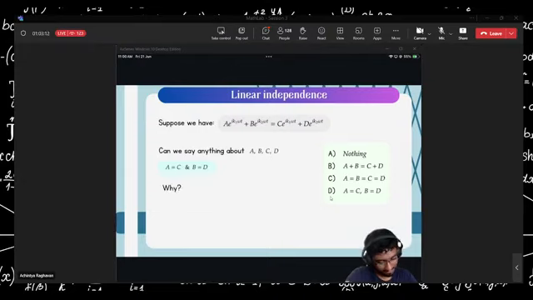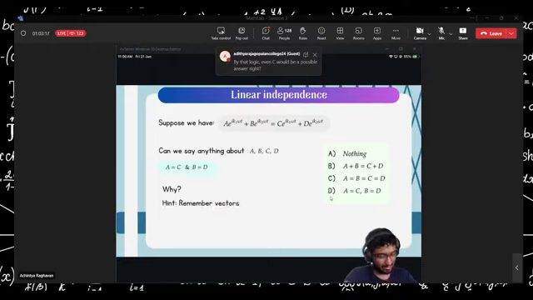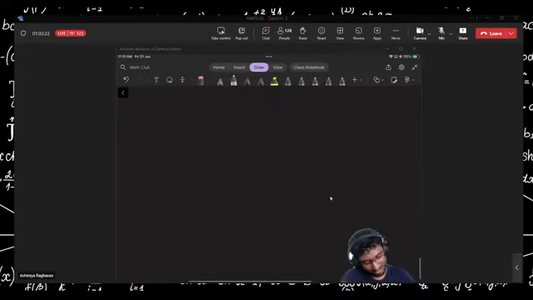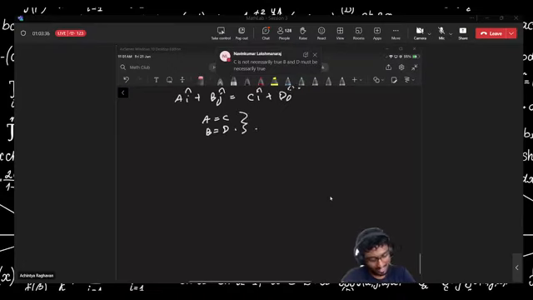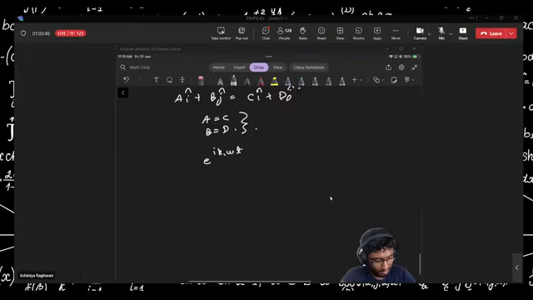So why is this true? A hint you can think about is remembering vectors. These kind of behave like vectors. Remember, if you had A i hat plus B j hat equal to C i hat plus D j hat, then you would say A equal to C and B equal to D. This is similar in the sense that e power i k1 omega t and e power i k2 omega t are what is called linearly independent.